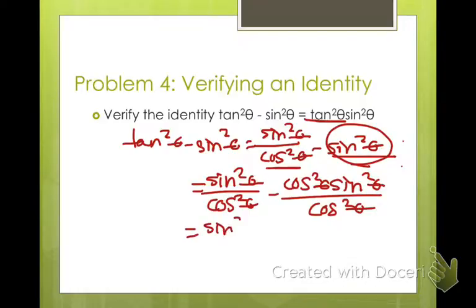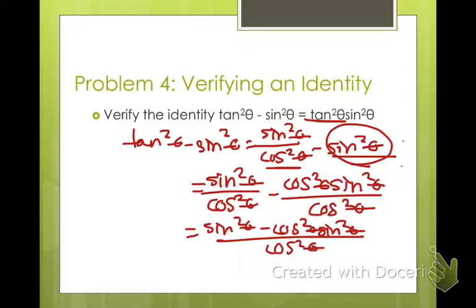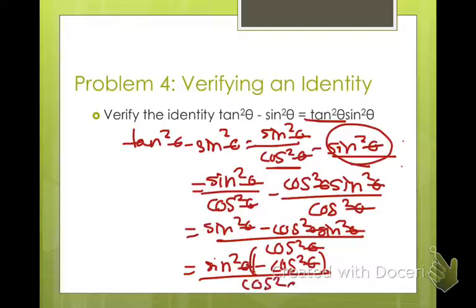So we have sine squared theta minus cosine squared theta sine squared theta over cosine squared theta. And from your Pythagorean, that is sine squared theta times 1 minus cosine squared theta over cosine squared theta.